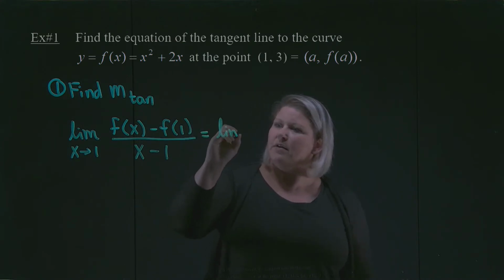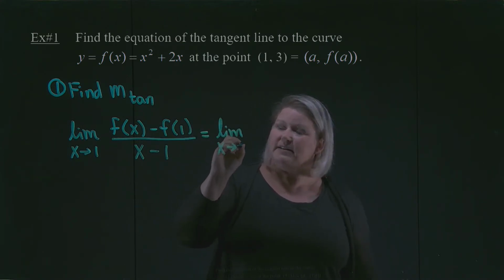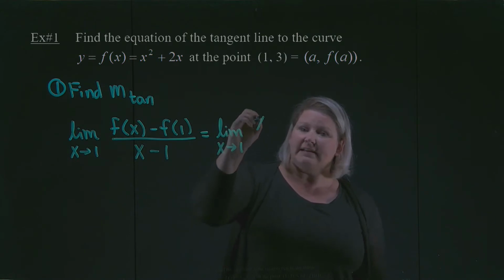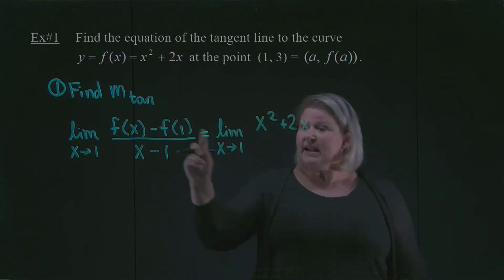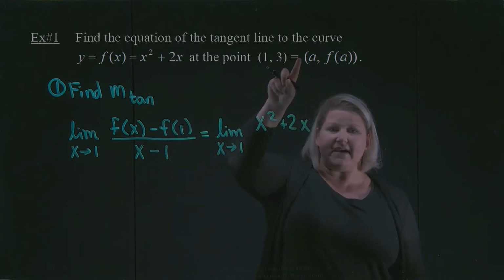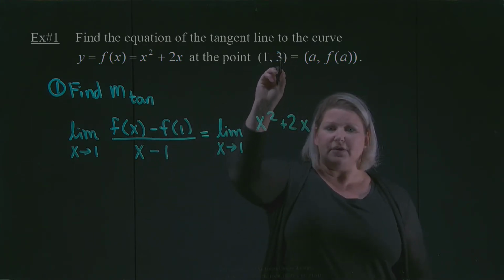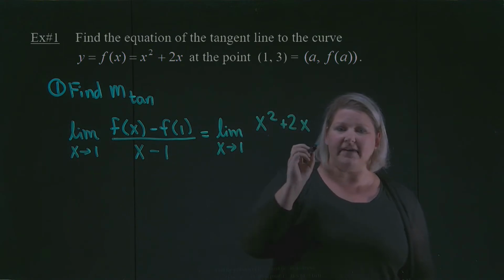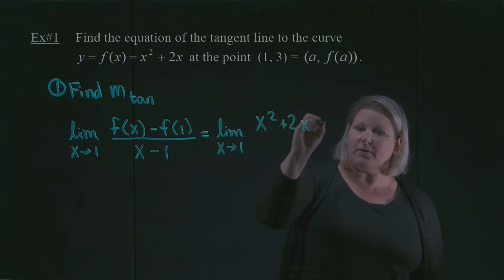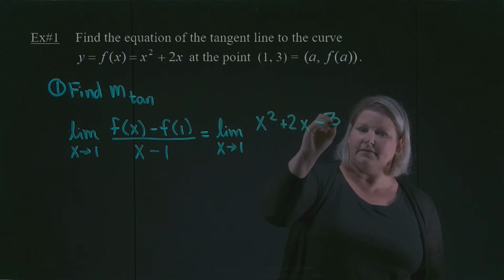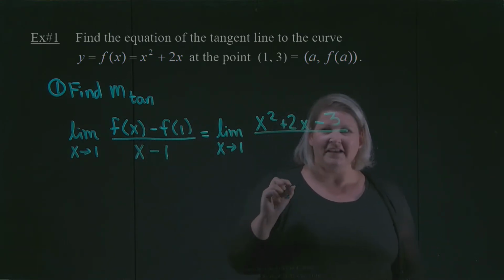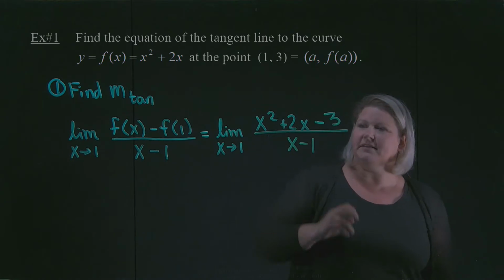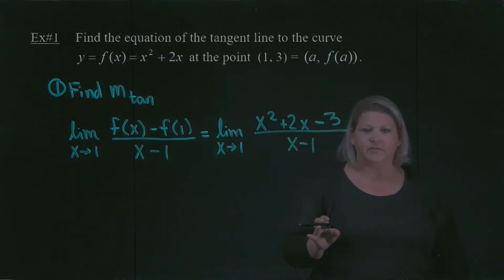Okay, so f of x, the function, is given as x squared plus 2x. Now, f of 1, that value is given too. That's this 3, okay? That's my output value. So I'm going to subtract that value. Remember, I take the difference in the slope formula. Next, x minus 1 is already put forth.